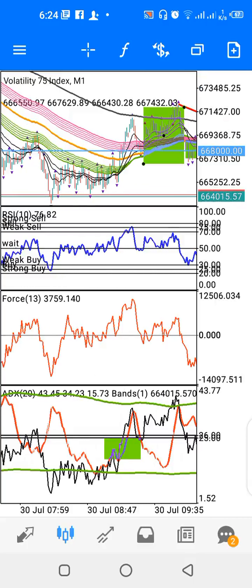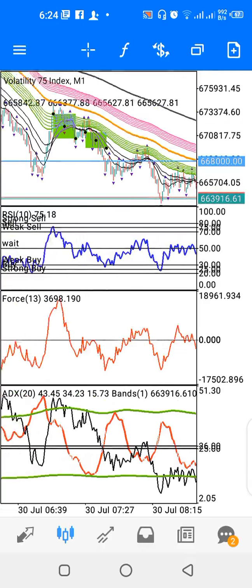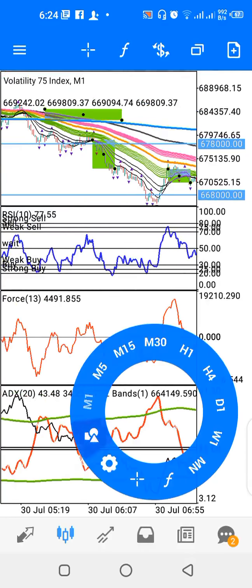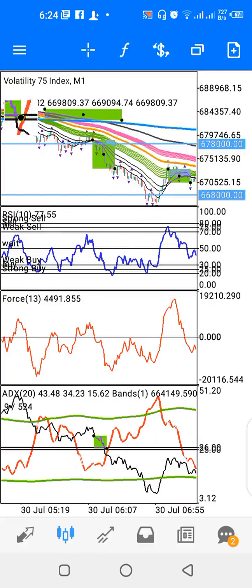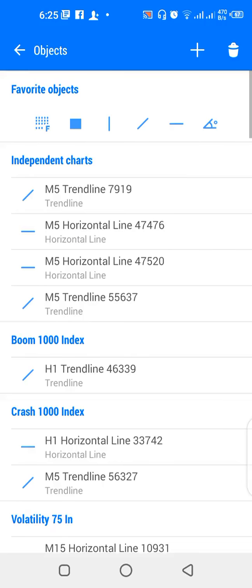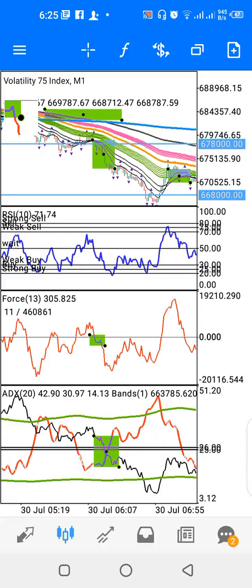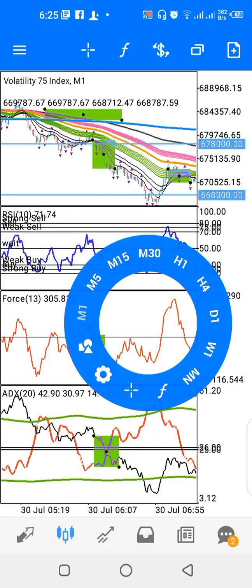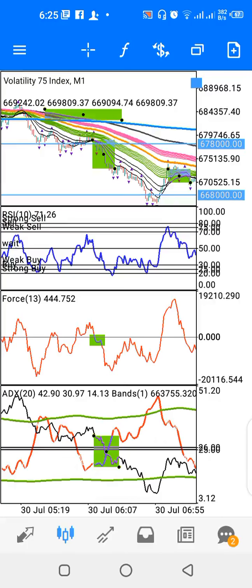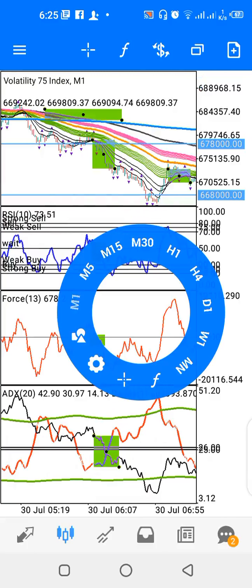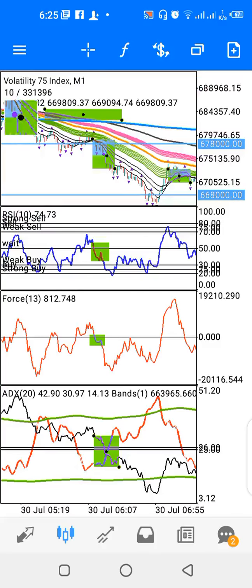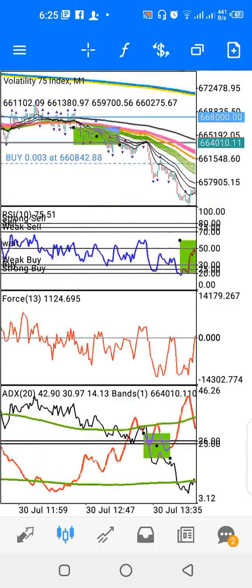Then for sell, crossing below and also around the midpoint. That's where you look for a sell signal. Of course, you check that in line with what is happening on indicator window 2, and also in line with what is happening on the main chart. So that's the way the strategy works.